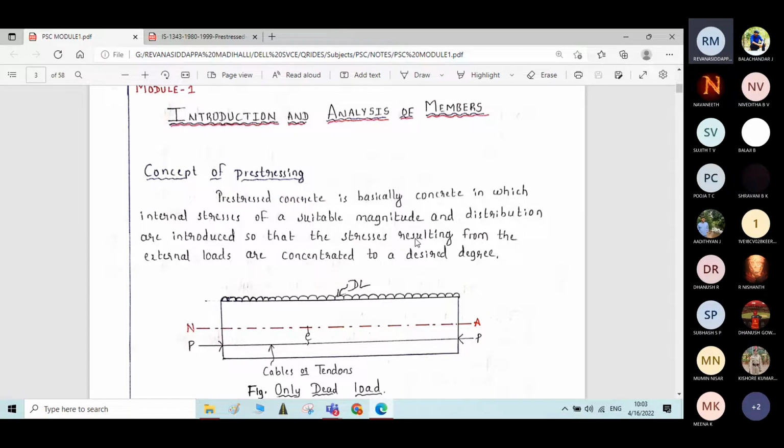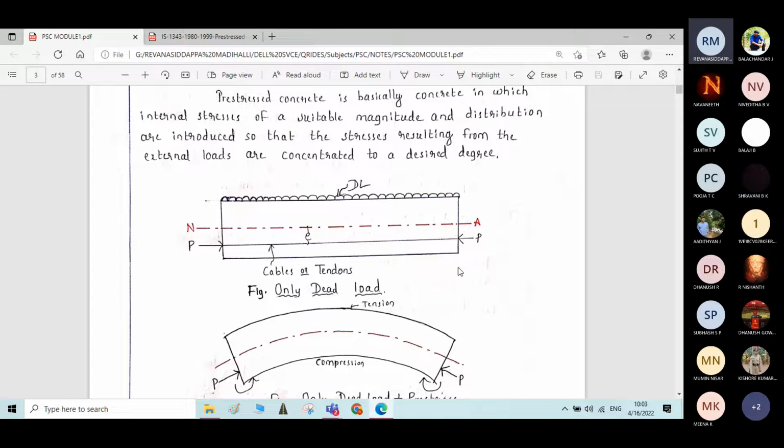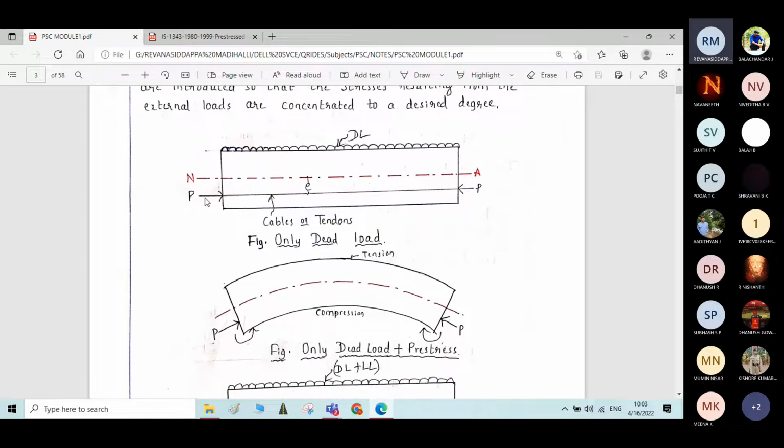It means the stresses are introduced to the structural element opposite to the stresses that are caused by the external loads. That is the main principle behind this prestressing. What we are going to do is introduce the compressive stresses. Here you can see the compressive stress.